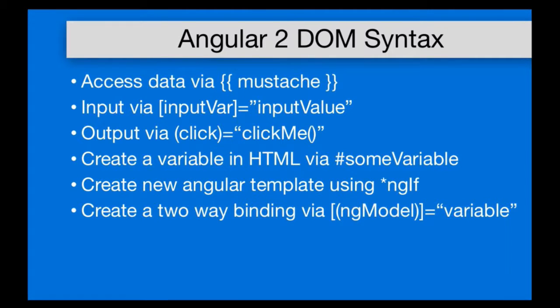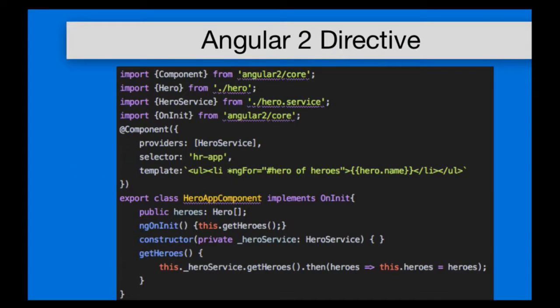So for instance, ng-if tells you if this variable is true, or this statement is true, then show this template. If not, don't show it. Which we're doing also in the ngFor. We have star ngFor, which is going to create a new template for each time around for that li element.